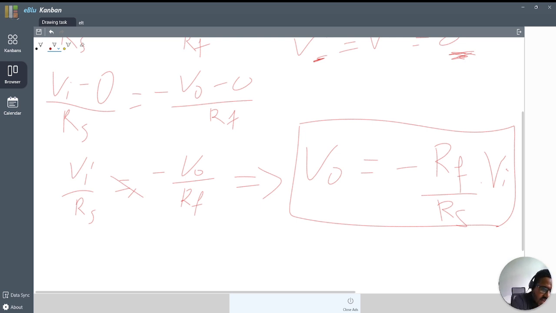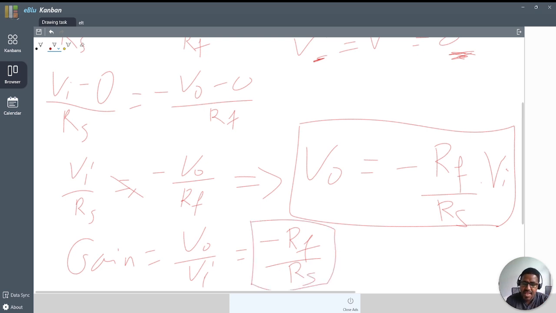Gain means the ratio of the output signal to the input signal. So the gain means the ratio of V out over V in. This becomes minus RF over RS. This is our gain for the inverting amplifier.